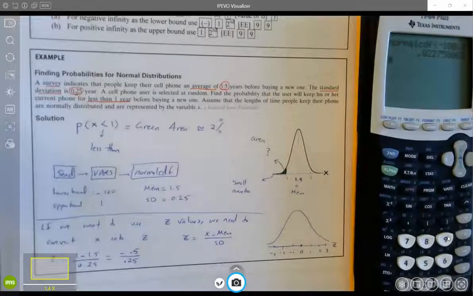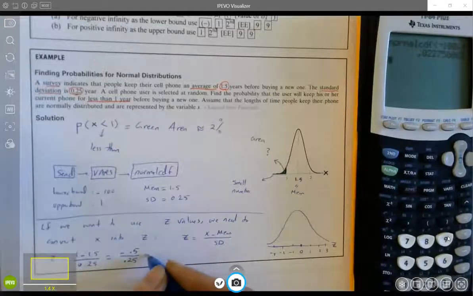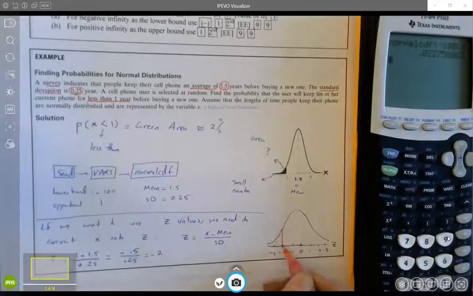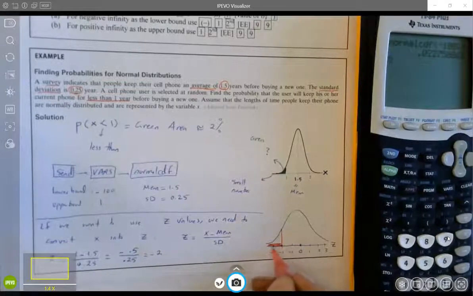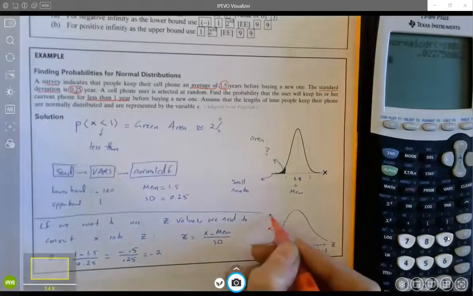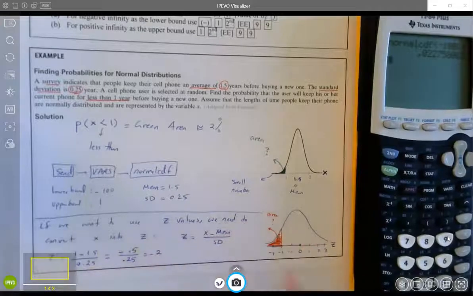So in this case, our Z is equal to -2. So let us locate -2, and as you can see, it's less than -2. So we're looking for this area to the left-hand side of -2.